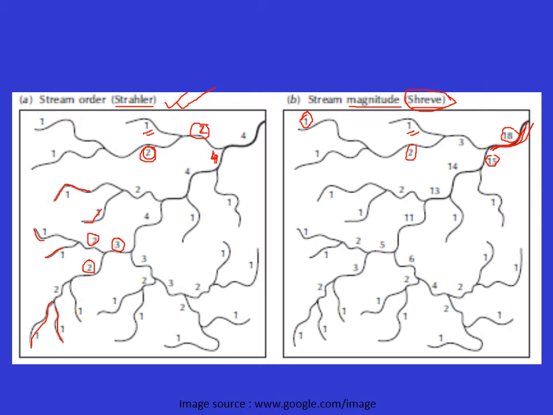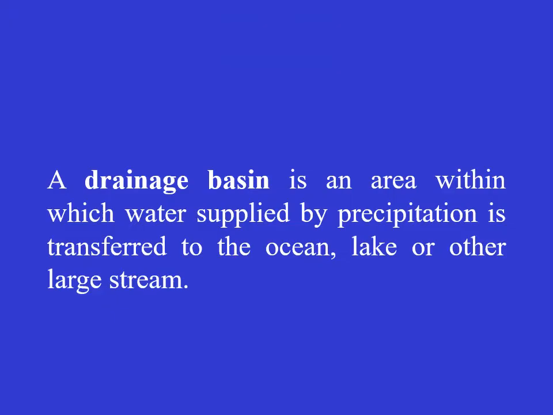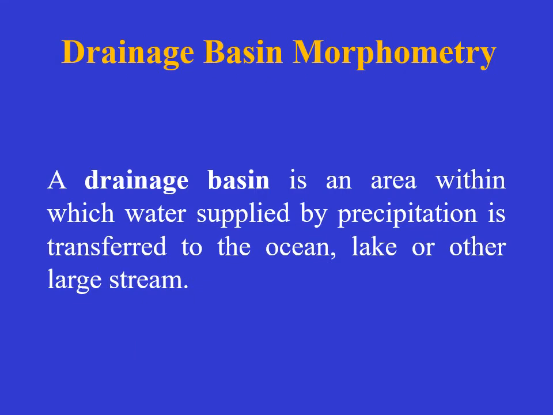natural rivers or streams. Next comes the drainage basin morphometry, some other measurable things within a drainage basin. So to note the other measurable parameters, first you have to know what a drainage basin is. A drainage basin is an area within which water is supplied by precipitation and it is transferred to the ocean.